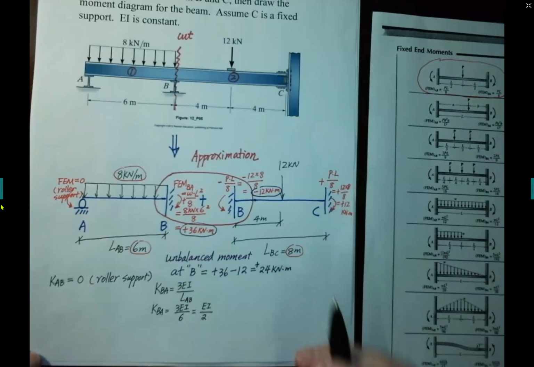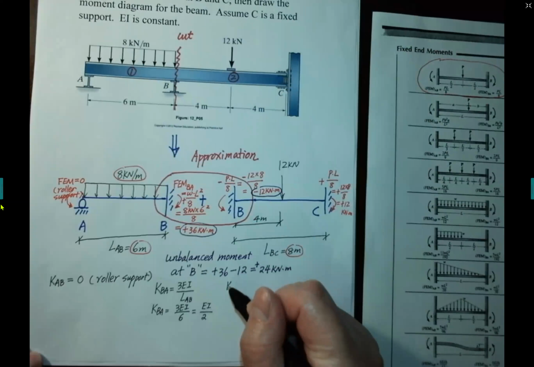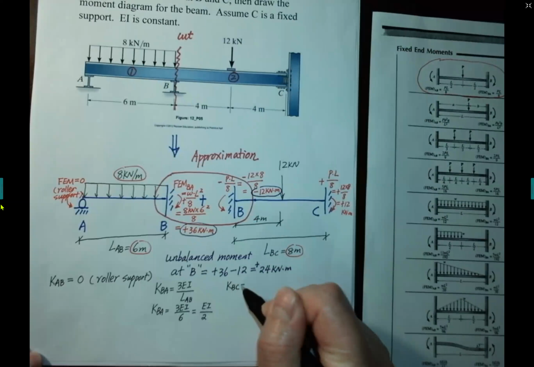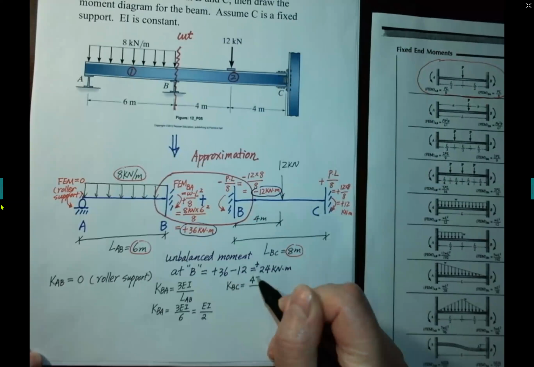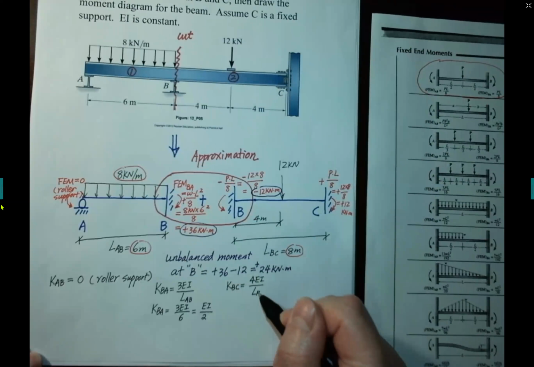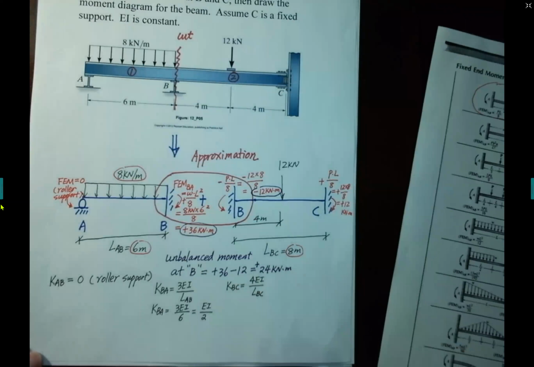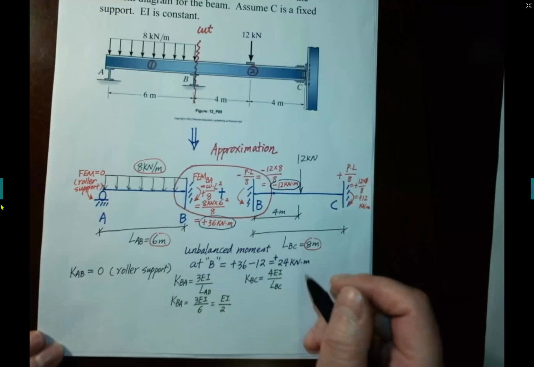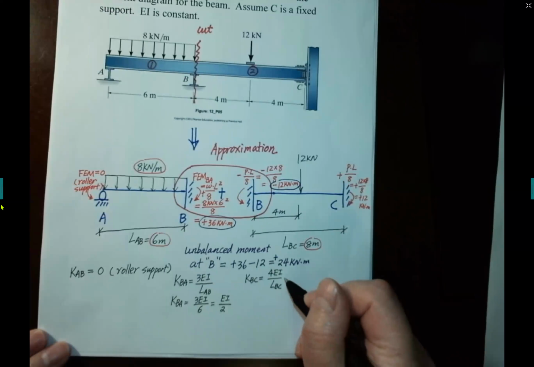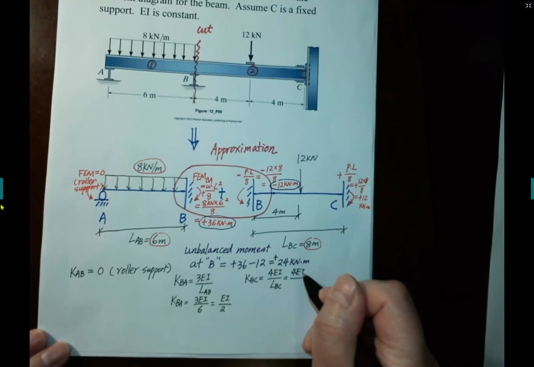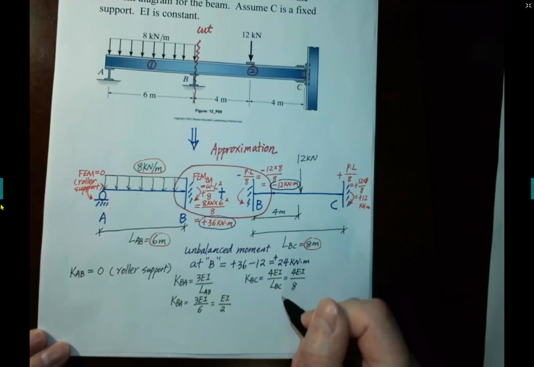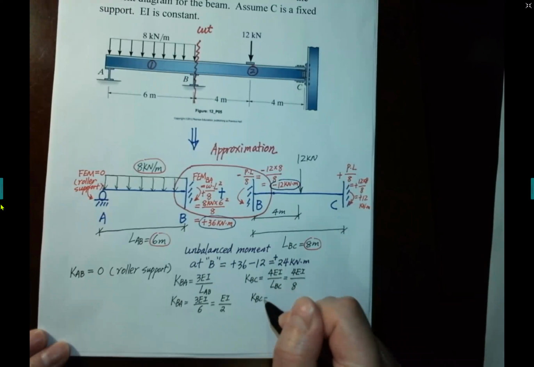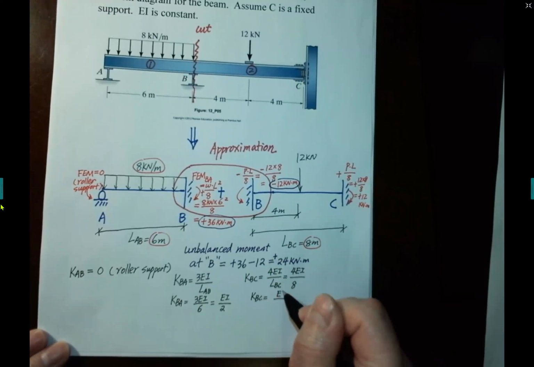And for BC, KBC equals to 4 EI over LBC. 4 EI means both ends are fixed. It equals to 4 EI over 8. And KBC equals to EI over 2.